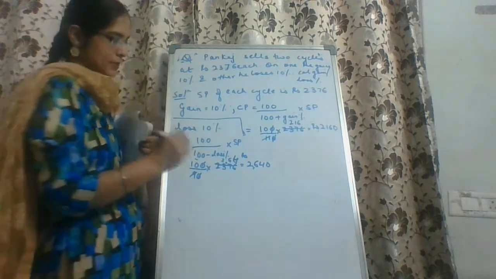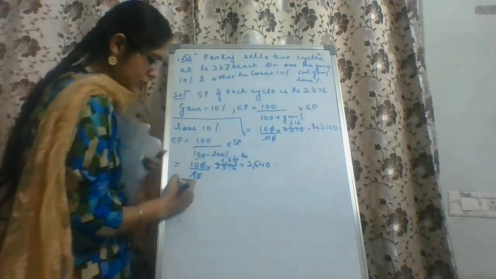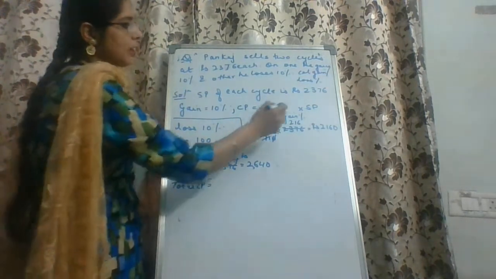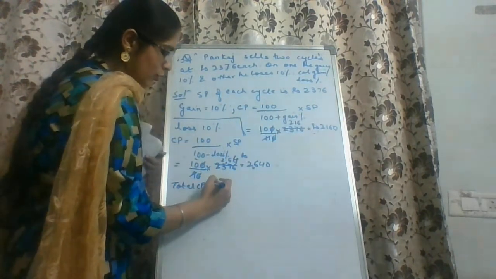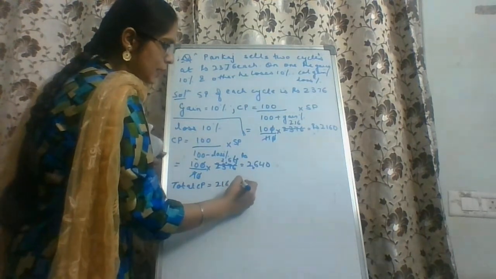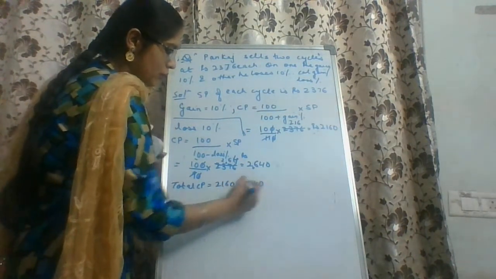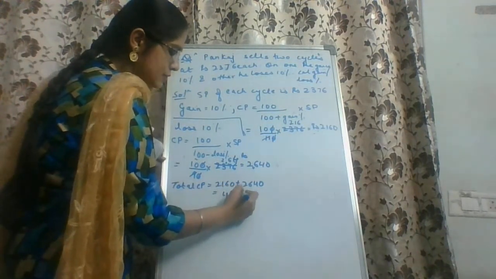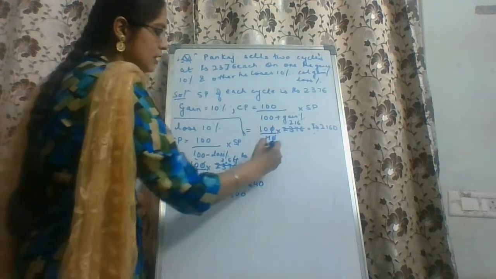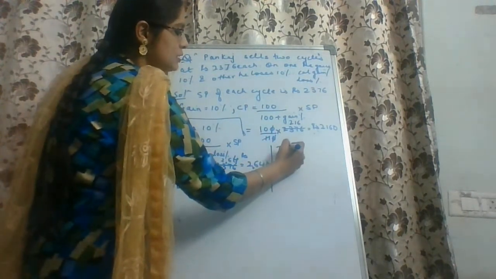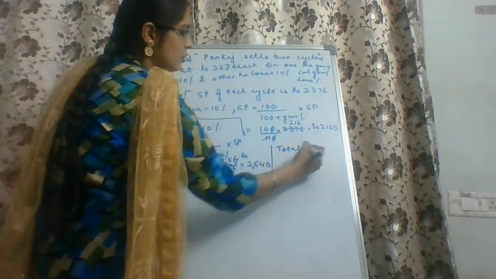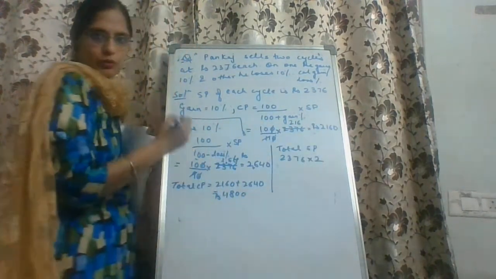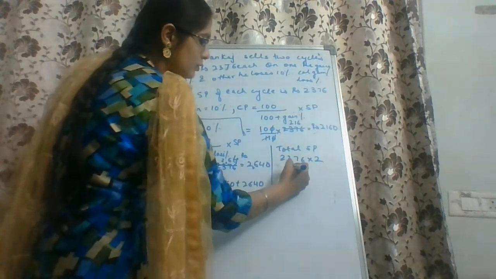Now, we have got the two cost prices, we have got the two selling prices, we have to find the gain or the loss percent. So, total cost price, total CP is equal to the addition of these two. 2160 plus 2640, which is equal to 4800. Total selling price is equal to 2376 multiplied by 2, which is 4752.